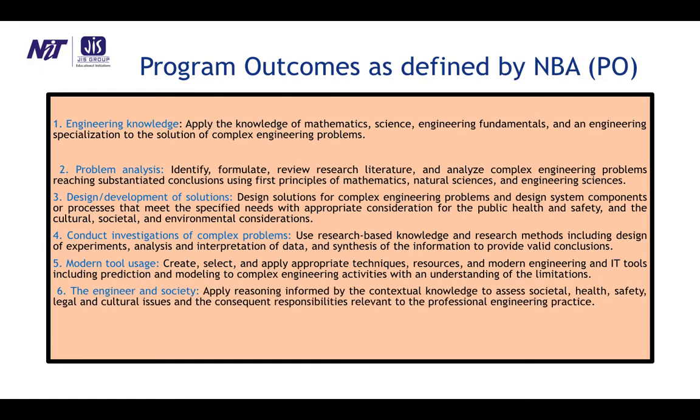Number 6, the engineer and society: apply reasoning informed by contextual knowledge to assess societal, health, safety, legal, and cultural issues and the consequent responsibilities relevant to professional engineering practice.